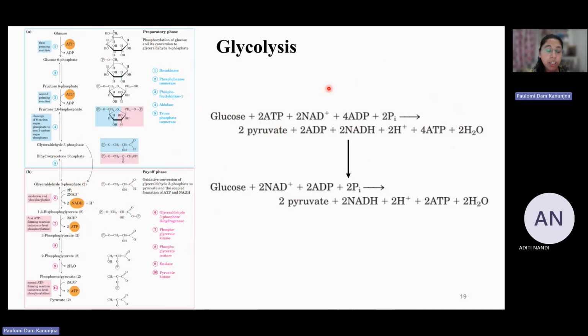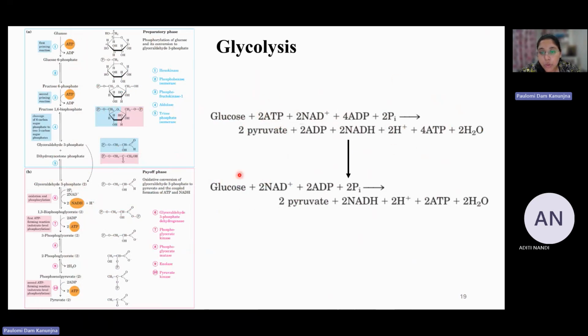What are the results? What are the products? You have 2 pyruvates, 2 ADP here, 2 NADH, and 2 H plus, 4 ATP, and a water molecule, which was removed from here. Now you have ATP here also, you have ATP here also. So just cancel them.